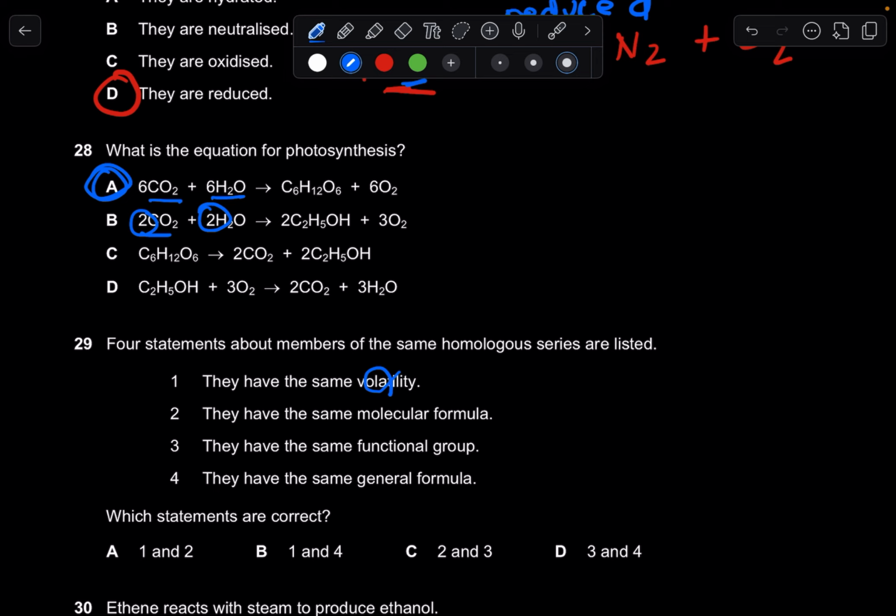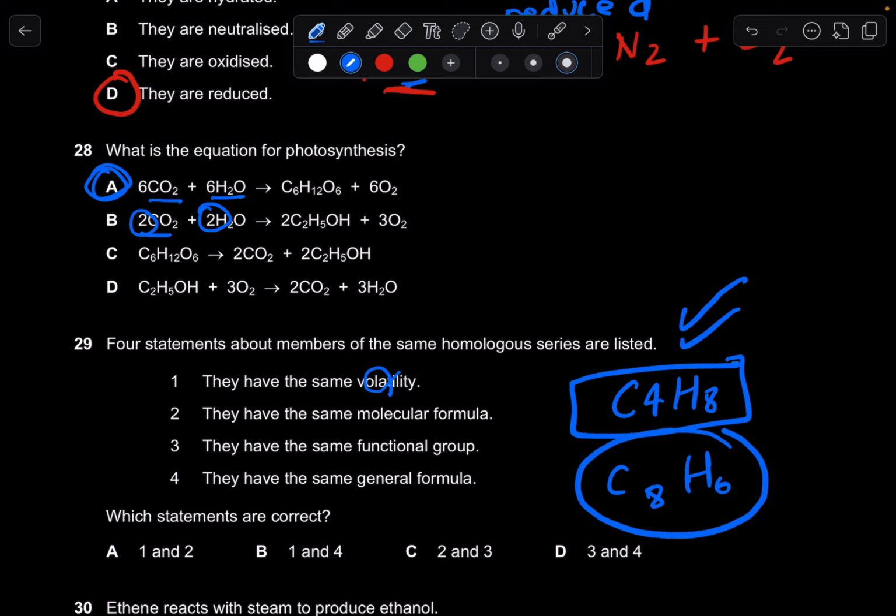The volatility decreases because the longer the chain length, for example C4H8 and C8H16, the C4H8 is going to be more volatile. Why? Because it has fewer carbons. As the carbons increase, the volatility decreases. Okay, they have the same molecular formula. No, they have the same functional group. Yeah, they have the same functional group and the general formula, so it's going to be 3 and 4.